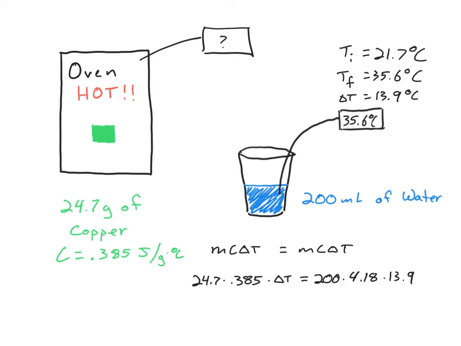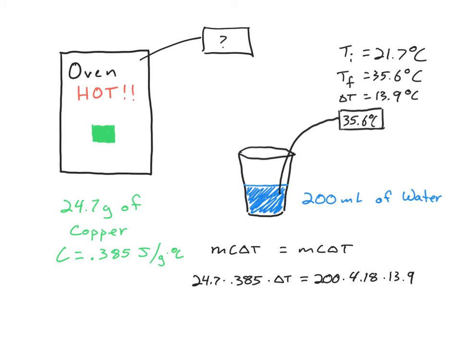Now I could use a TI minus TF formula for my delta T, but I'm not going to do that. I'm just going to solve for my delta T, and then I'm going to add that to my final temperature of the water. The final temperature of the water, remember, is that 35.6. So I do need to add that delta T to that. That's an important step to remember.